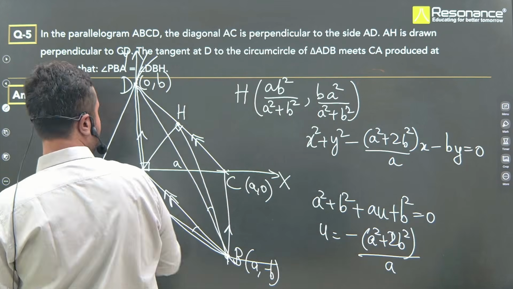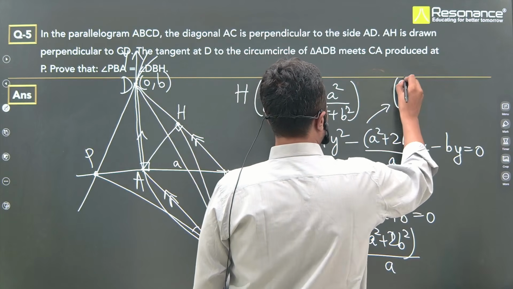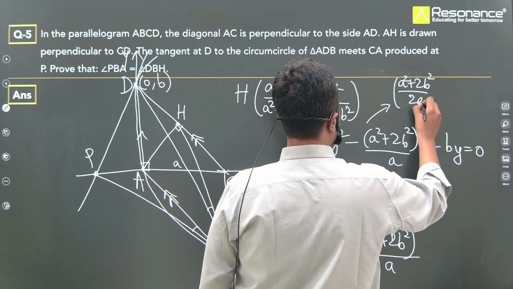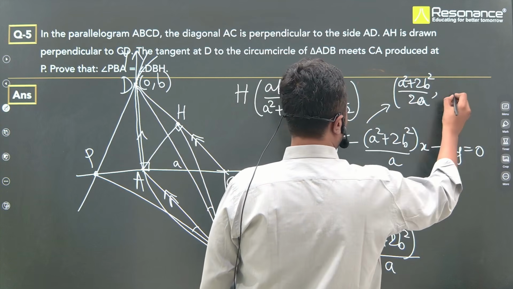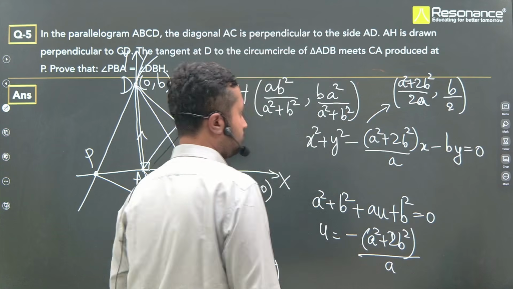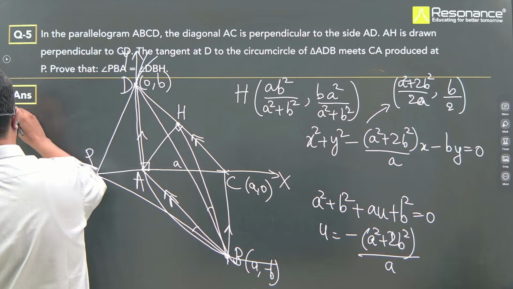So where's the center of the circle? The center of the circle is A square plus 2B square divided by 2A, it's half of that coordinate, and then B by 2. That's where the center of that circle is.